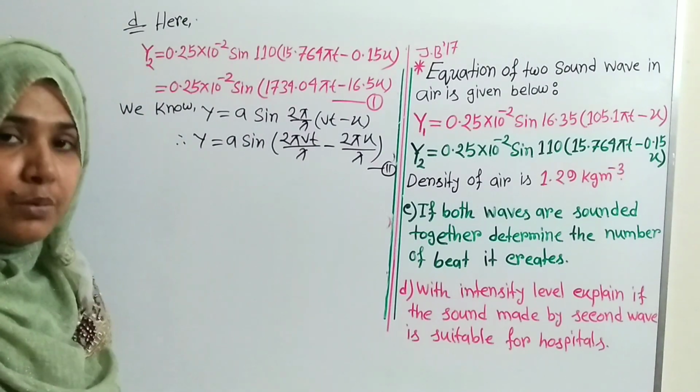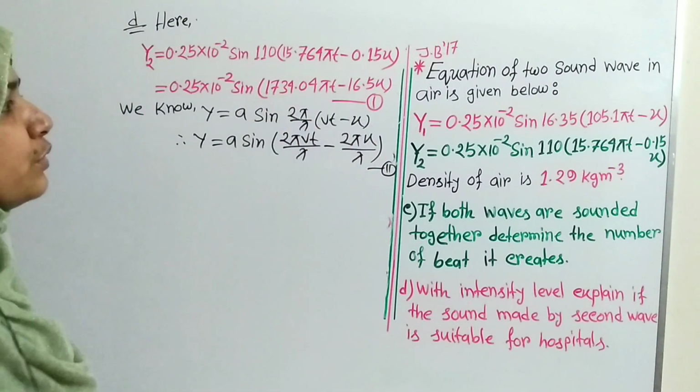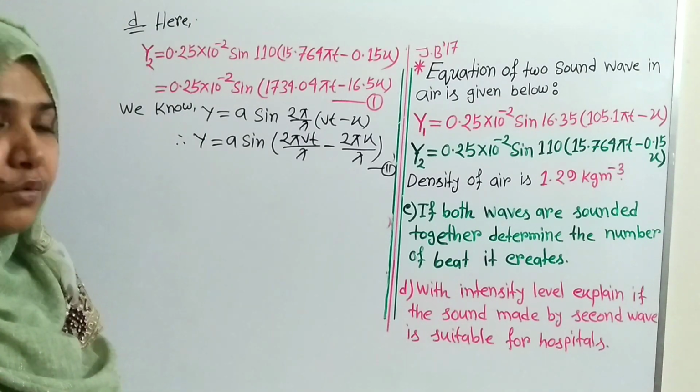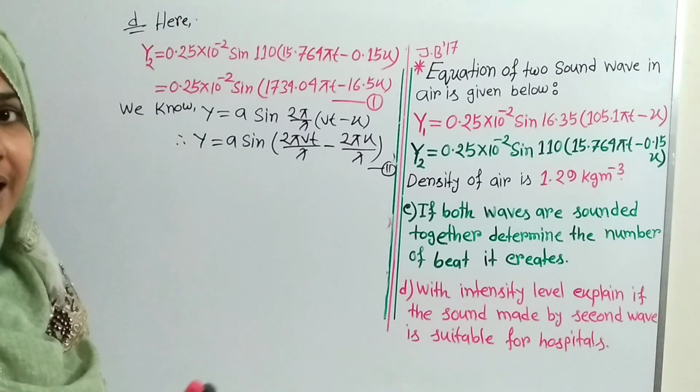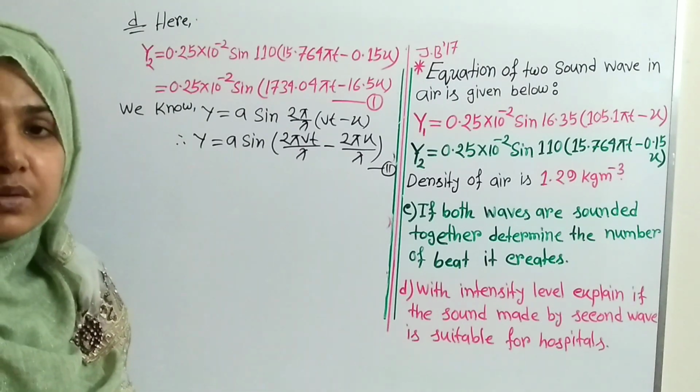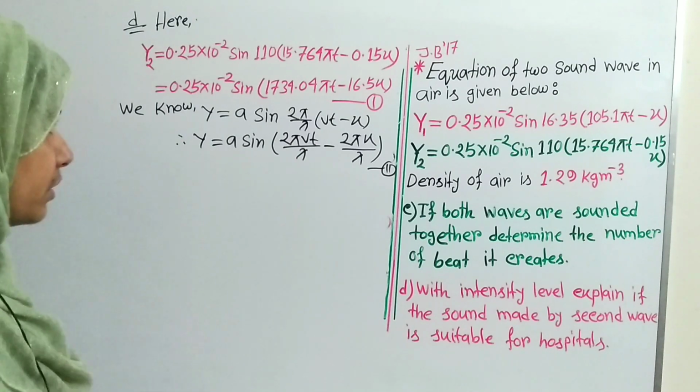Now by comparing equation 1 and 2, we can easily calculate the frequency, wavelength, velocity and amplitude, which are needed for calculating intensity of sound.